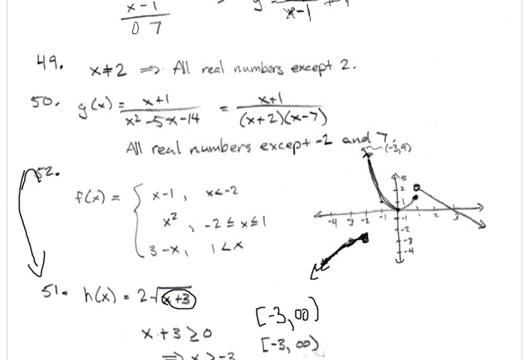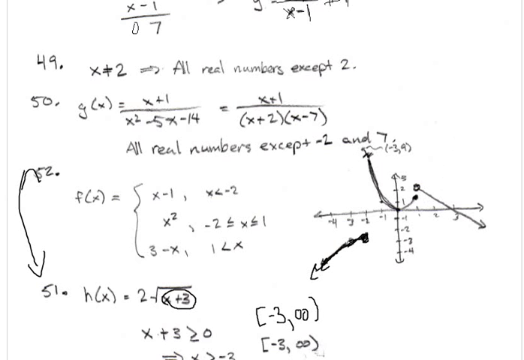Between negative 2 and 1, we want to plot the function x squared. So the function x squared looks like this, roughly, but we only plot it between negative 2 and 1. It's piecewise.